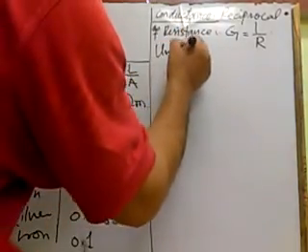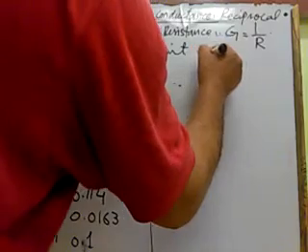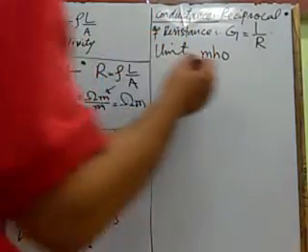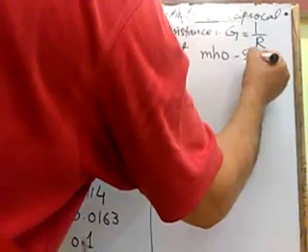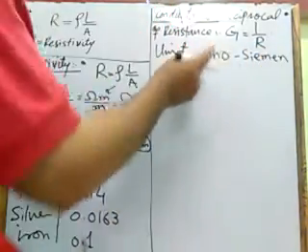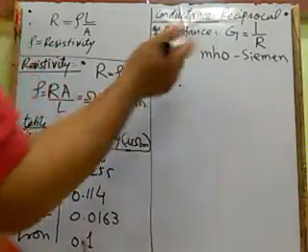As conductance is the reciprocal of the resistance, the unit of conductance is mho, or Siemens. Siemens is the name of a scientist, and this unit is inverted ohm.